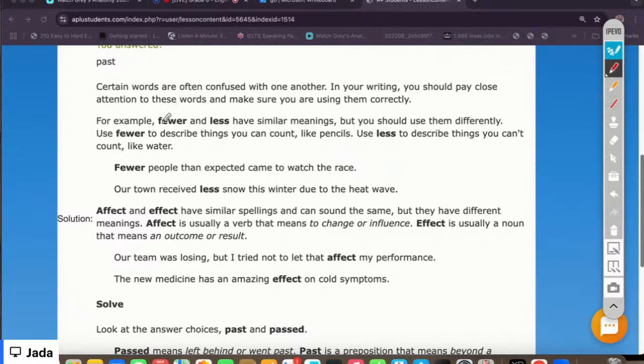All right, so we will start now. Certain words are often confused with another one. So we have words that are frequently confused.